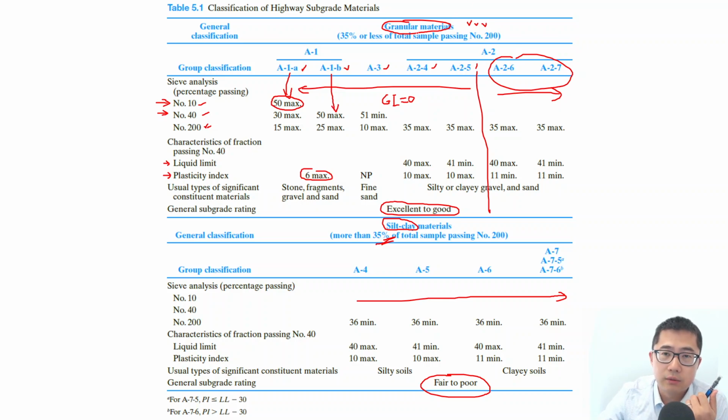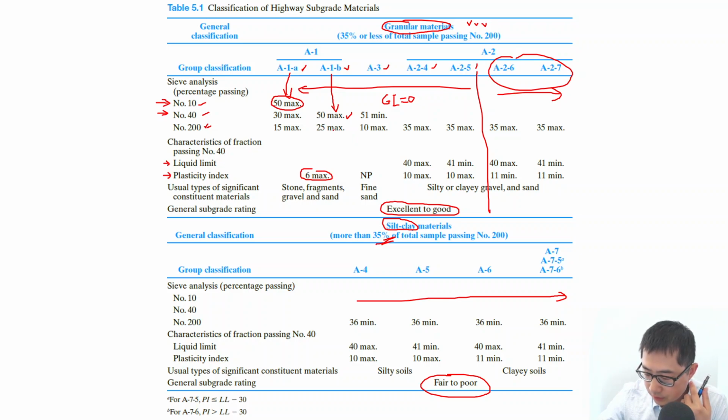First of all, we should look at the granular material, right? That dictates whether we're looking at something on the top or at the bottom. Passing number 200, we only have 20%, which is less than 35. So we are looking at this top one over here, granular material. So we're looking at an A1, A2, or A3. And then we'll just start with the A1 one by one. How about A1B? A1B passing number 40, 50 max. We have 48, so we are good over here.